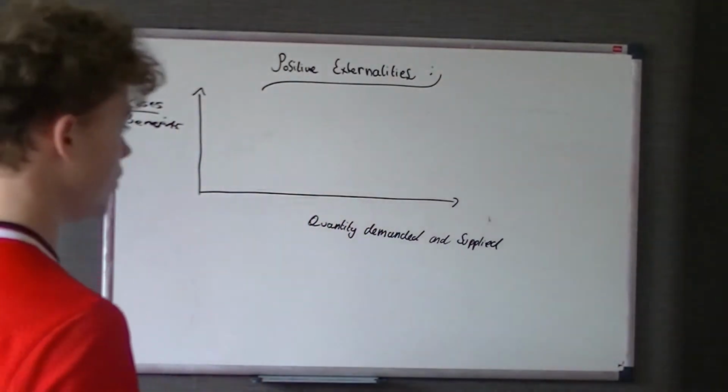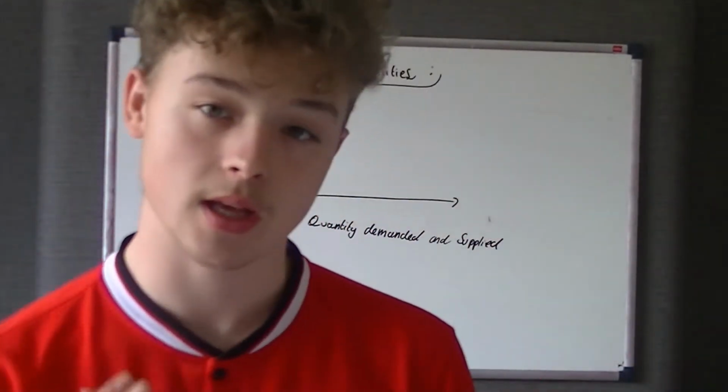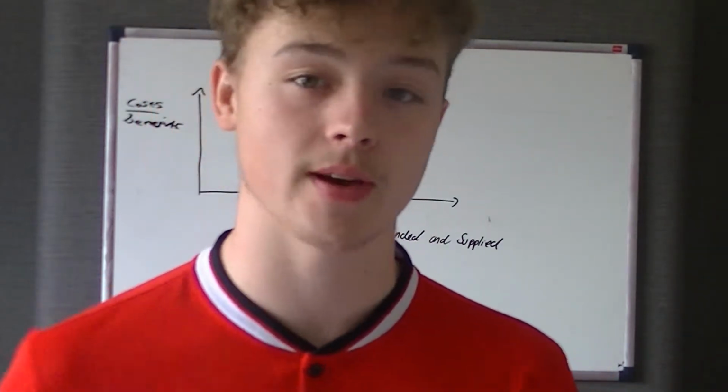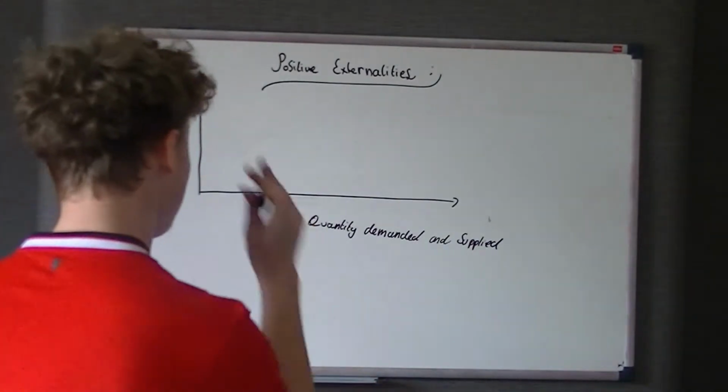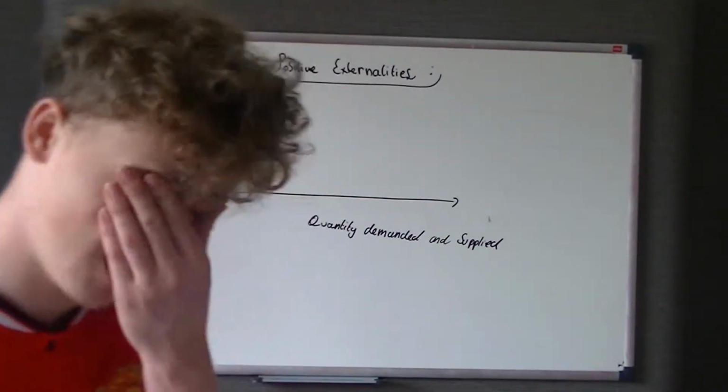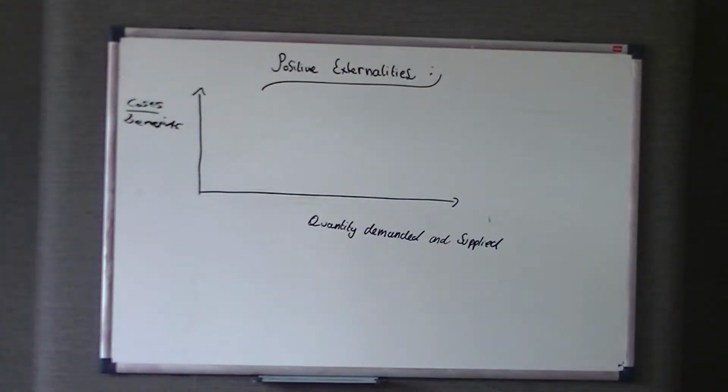So we talked before that in a negative externality there's no positive externalities, so the private marginal benefit curve equals the social marginal benefit curve. However, in this example, because we're talking about positive externalities, by power of deduction there's going to be no negative externalities occurring.